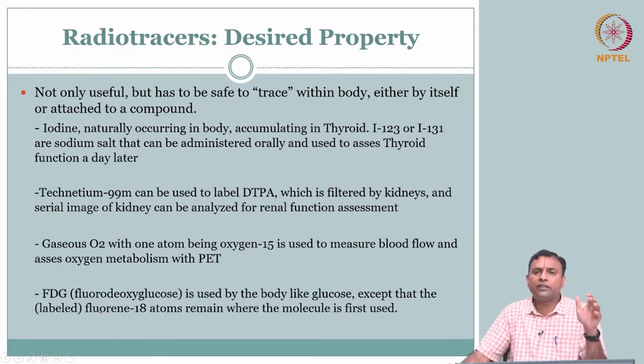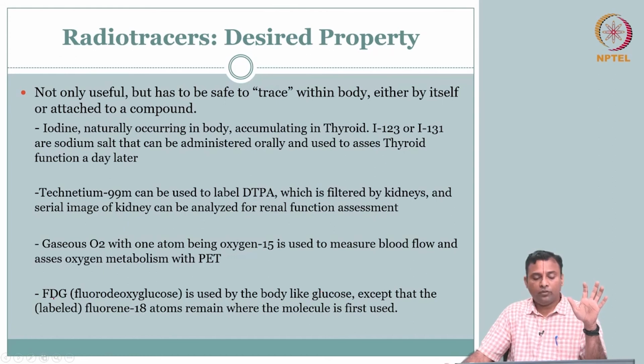Another commonly used safe one is your glucose, right, FDG, fluorodeoxyglucose. Here again the idea is it is very similar to your glucose, it is just labeled with fluorine. What happens? It will go wherever glucose is going, it gets used, glucose gives you energy, right, so it participates in the metabolic activity. When that happens, the glucose does its job.